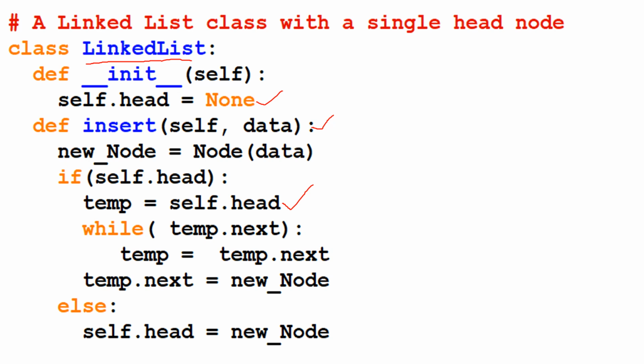Now while temp.next, meaning if there is a next node, then temp moves to temp.next. This repeats until it reaches the last node. When temp.next is not there, the control comes out of the loop and temp.next is equal to new node.